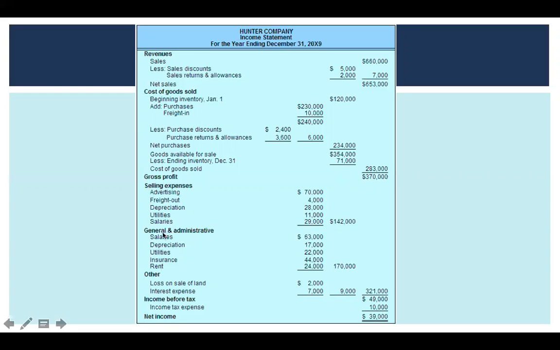So these salaries here, as they vary from these salaries, might just be, these are the salespeople. The salespeople are the people that are actually involved in the selling of this product, as opposed to these salaries might be more of the administrative people. Maybe it's the bookkeeper, the receptionist, administrative assistant, general manager, things like that.